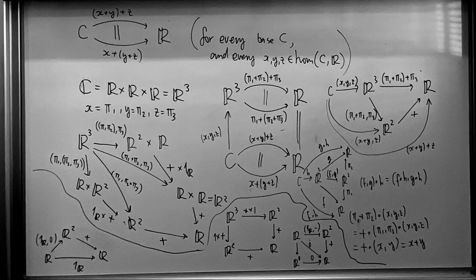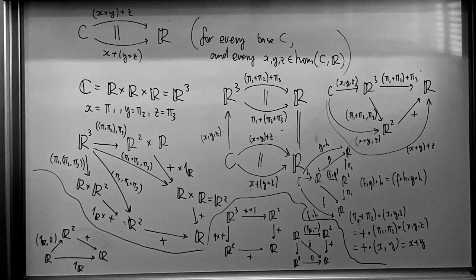So for the inverse law, I begin with a single R. I go to R squared by taking a morphism induced by identity and minus. So in one coordinate I fix, the other I reverse. Then I add them, and I should get 0, which means it should be the same morphism as going into the terminal object, because that's what singletons are in the general category.